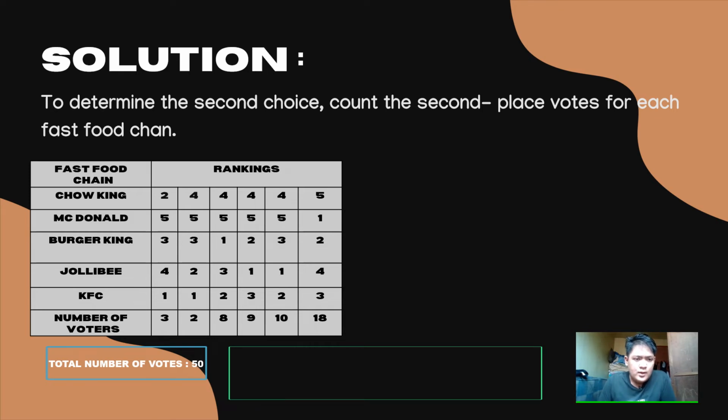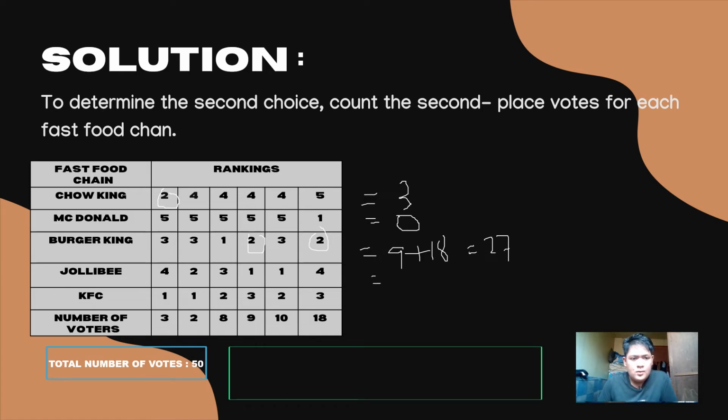Chowking got one second choice vote, which is equivalent to 3 votes. Then McDonald's got 0 because of no second choice votes. Next is Burger King, which has 2 second choice votes, equivalent to a number of votes of 9, plus 18, equals 27.